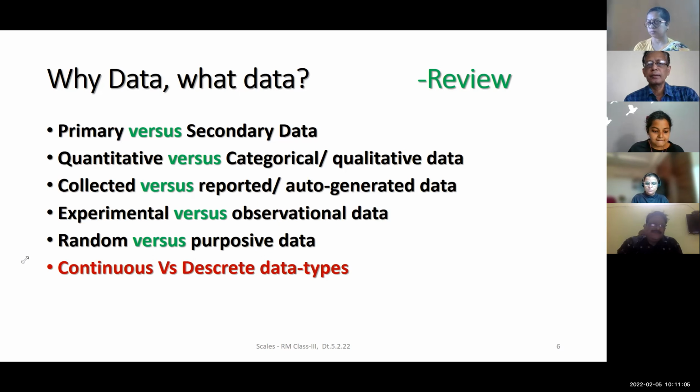Yes, please. Primary data is the general. No, the last one. Continuous versus discrete. Sorry, sir, I couldn't. Okay. Vanu, you are there? Are you in a mood? Yes, sir, I'm there, but not in a mood. I don't have a clue on continuous and discrete.